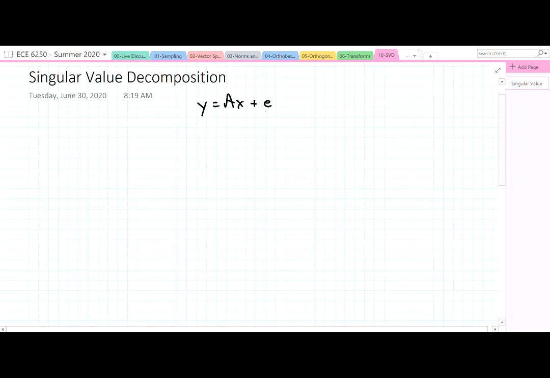Well, so far we've been looking at symmetric positive definite matrices, and there are actually a lot of reasons we would do that. But sometimes, in fact, there are a lot of reasons we might not do that.